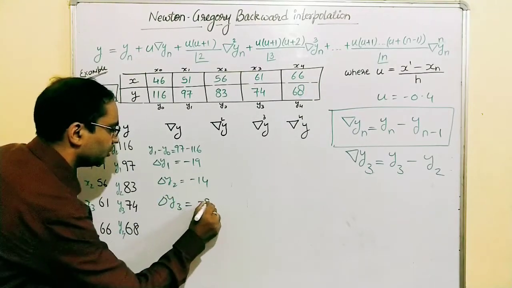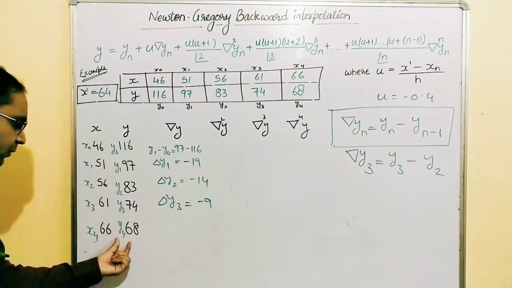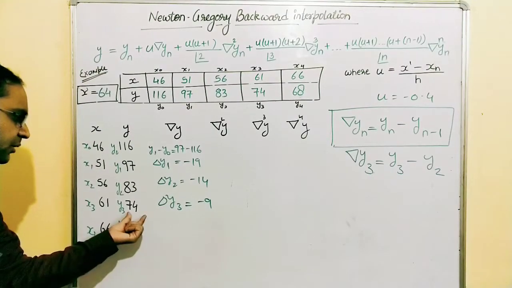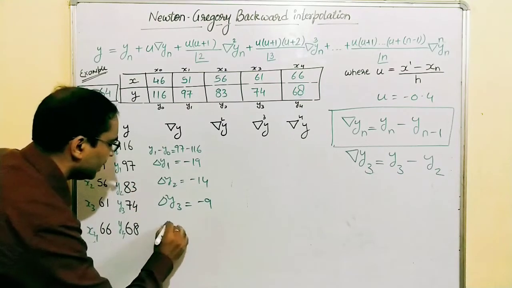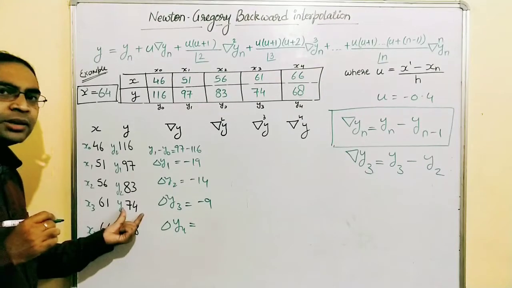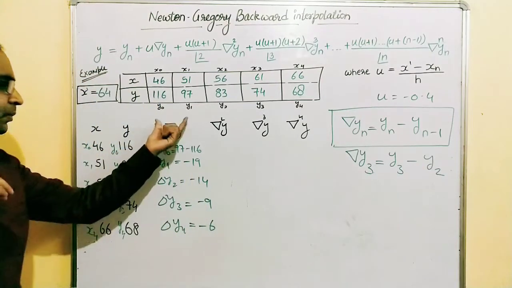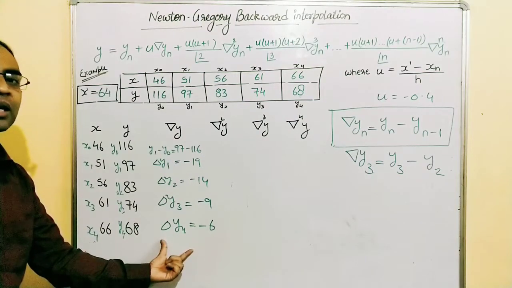Del y3 is equal to minus 9. And in the last, y4 minus y3. y4 is 68. 68 minus 74. This will be del y4. This is equal to 68 minus 74. This is minus 6. So we have constructed the first backward del.